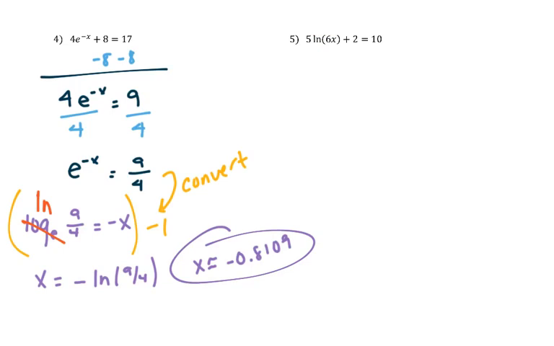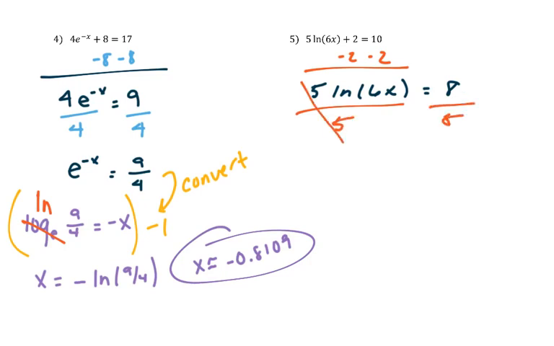Subtract the 2, divide by the 5. Now we have the ln of 6x is equal to, we're going to leave it 8/5. Again, don't write that as a decimal yet because we're not done yet.